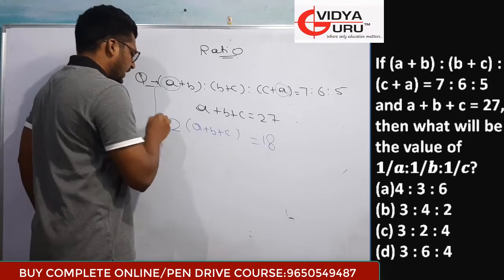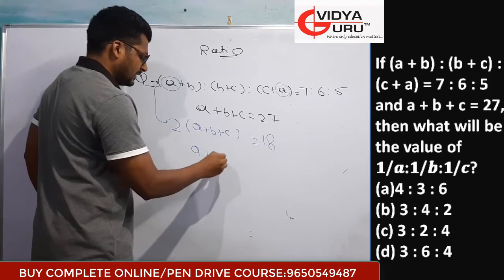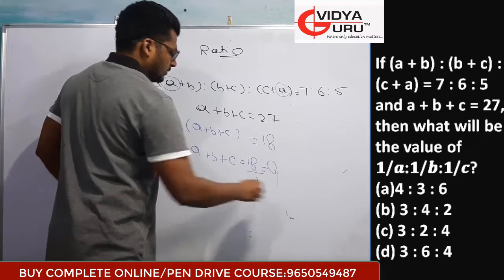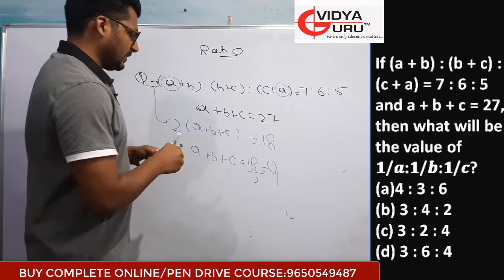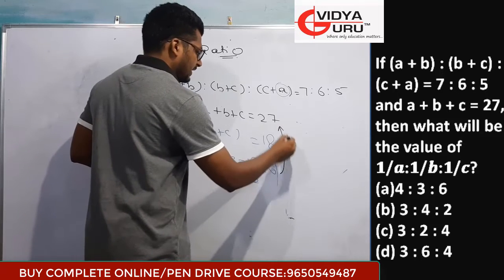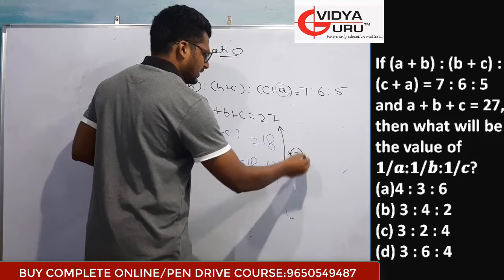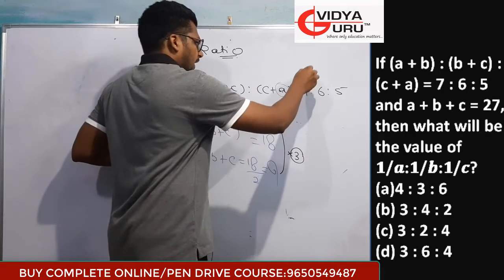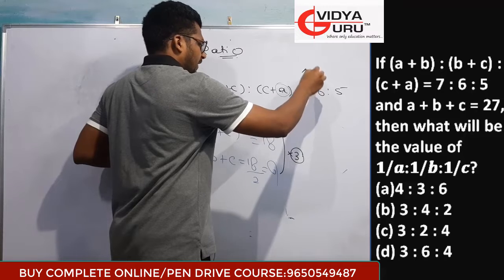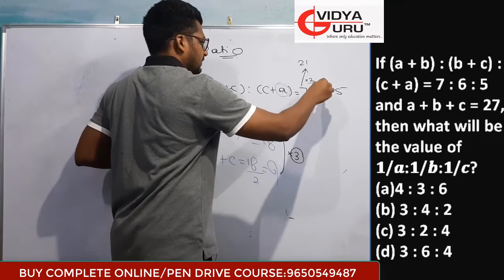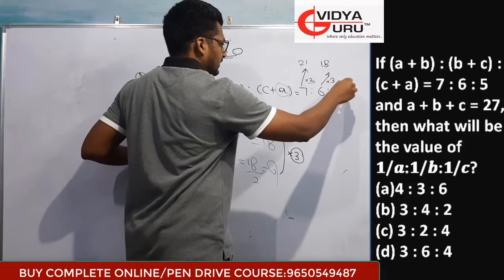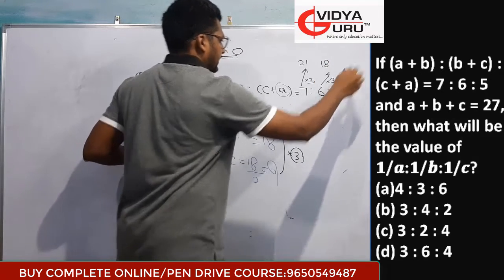Then according to the ratio, what is A plus B plus C? It is 18 by 2, 9. But the question is saying A plus B plus C is 27. That means it is 3 times. So to find the real value, it will become 3 times. It will also become 3 times, and this will also become 3 times.